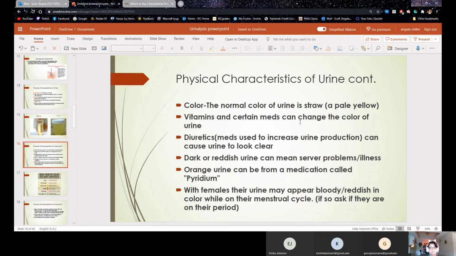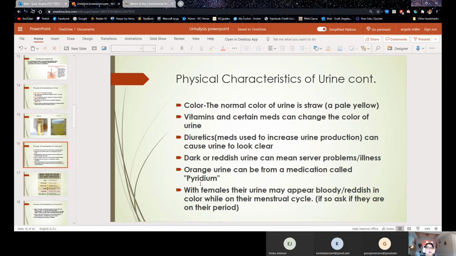And we know that, like I said, some medications can cause urine to change. One of the most common is a drug called pyridium, and that's right here. And if you work for a urologist or a gynecologist even, a lot of women get urinary tract infections. And one of the things that come along with that is pain and bladder spasms.